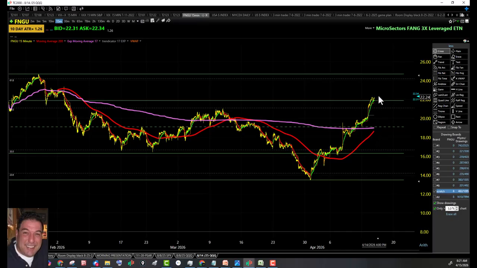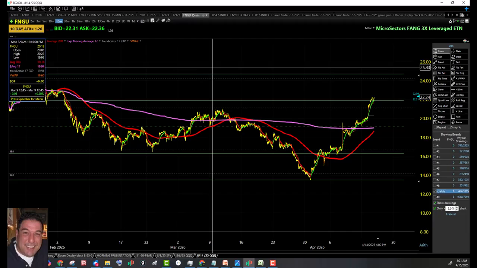That's where you want to be if you're a bull. You're up over the all-time high anchored VWAP. That's where you want to be if you're a bull. Price action on the bigger time frame, I believe, is just neutral. But just from the 15, from this high back to this low, we're making a new pivot high. So we're bullish and in an uptrend now on FNGU on the 15-minute chart.